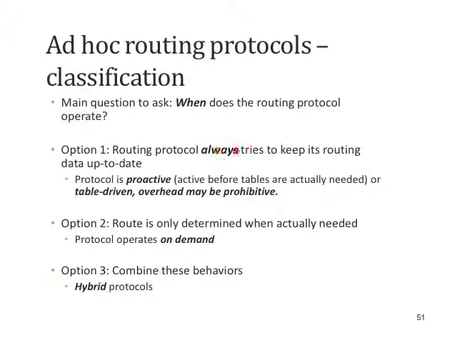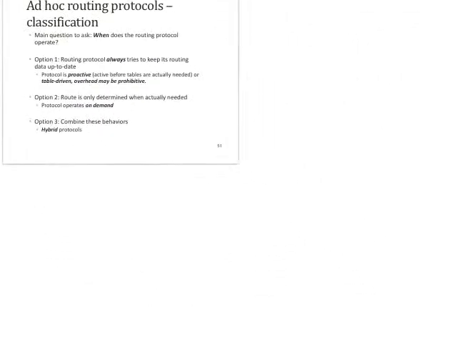The first approach is that I have to be proactive. So normally I have a network, and then there is a source here that tries to send a packet to the destination. Now there is traffic that needs to go from here to here.